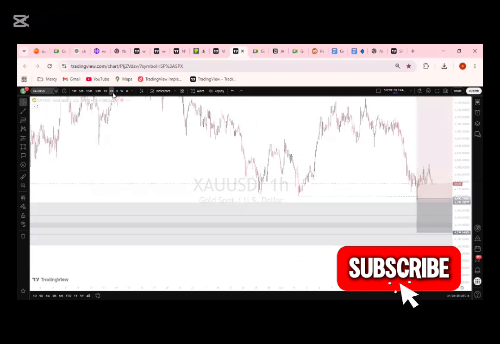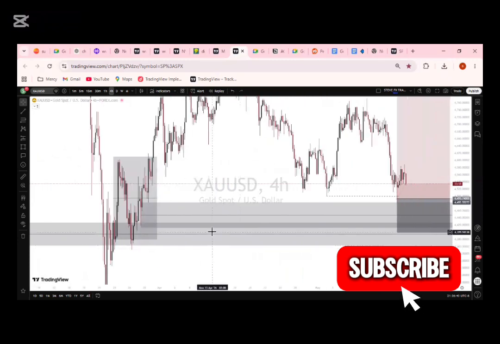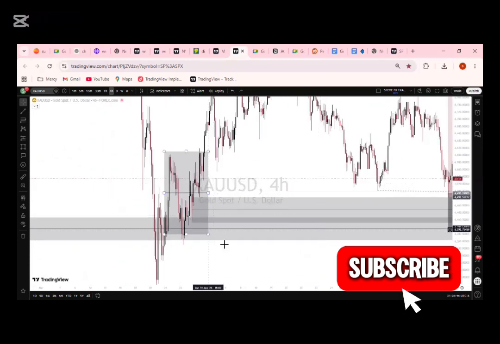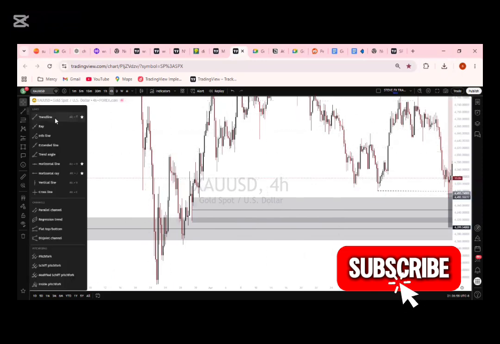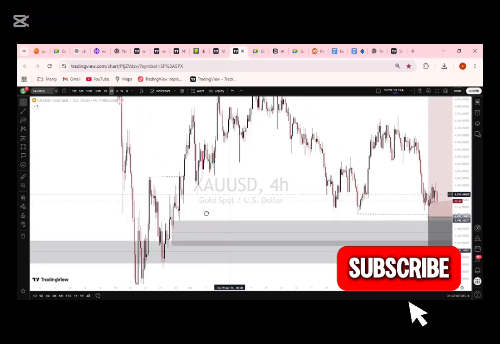So considering this particular refined order block, we understand that the direction of gold is bullish. Now we see a break of structure around this zone. We see a break of structure around this zone.